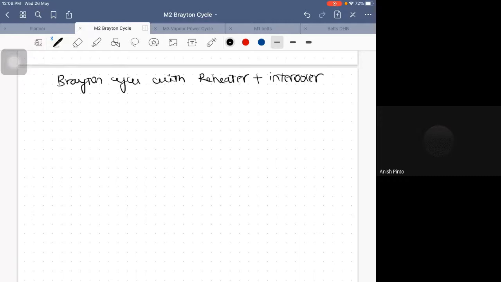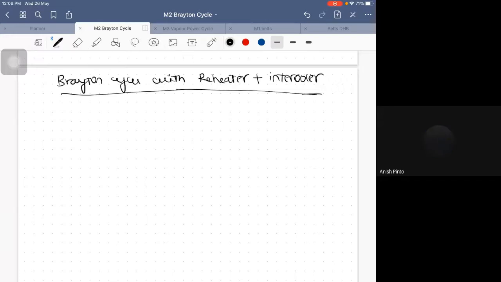If I have a reheater plus intercooler, how many compressors would be there? Because there is an intercooler in between, 2 compressors. Because there is a reheater, how many turbines? 2. So 2 turbines, 2 compressors.